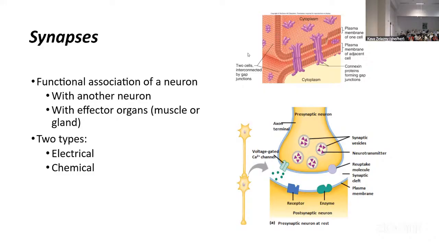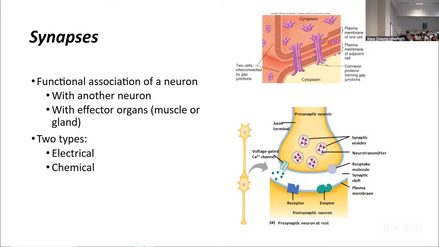So in this image, I'll pull them out separately, but what we're looking at are two different types of synapses. Up top, we have a synapse where we have these gap junctions going all the way through the membrane of one cell into the membrane of the other cell, connecting cytoplasm to cytoplasm.